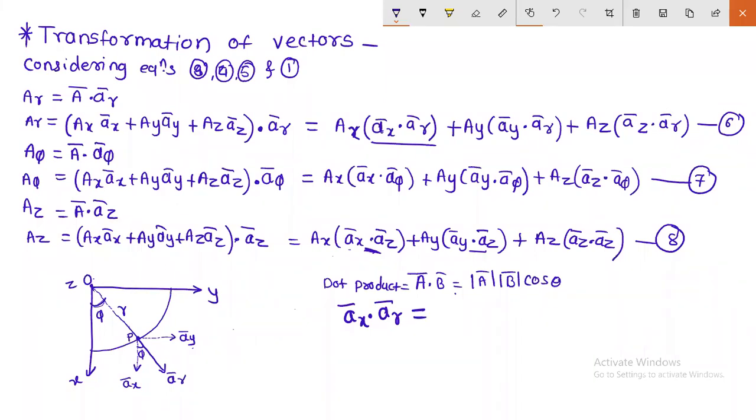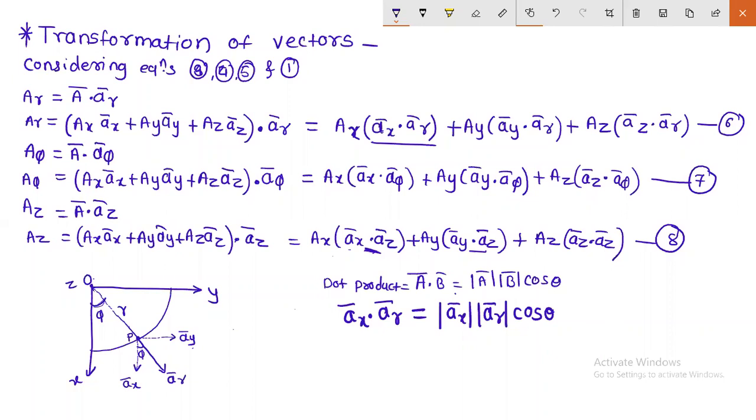So it is equal to mod of a bar x, mod of a bar r, into cos theta.